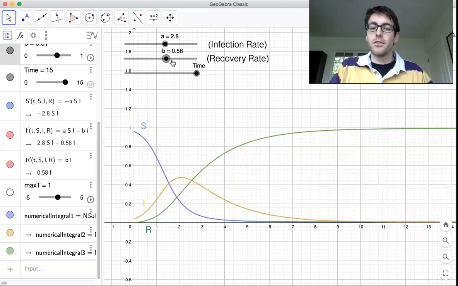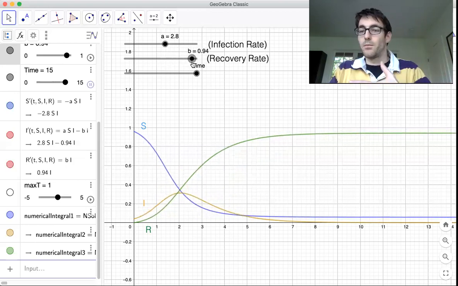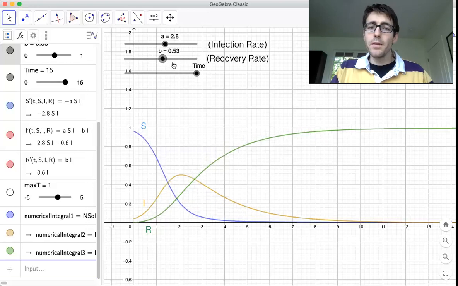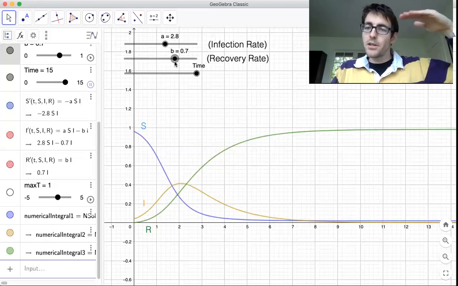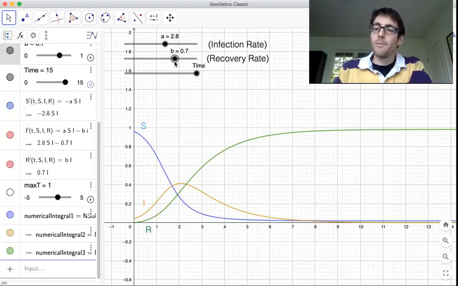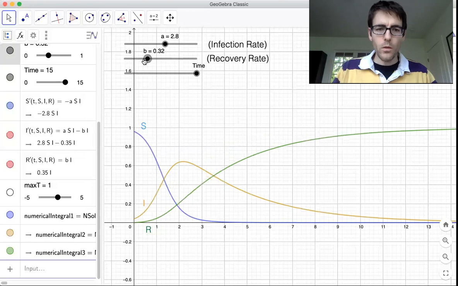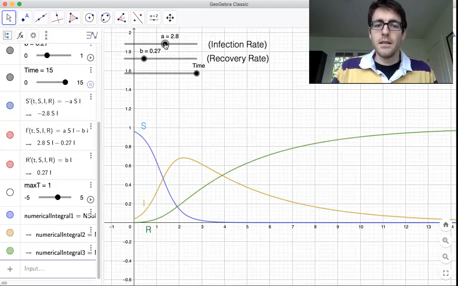People recover faster, so the recovered group should be increasing more. But not only that, the infection curve is going down. People are leaving the hospital quicker, so the total number of people who are currently infected at any given moment decreases.